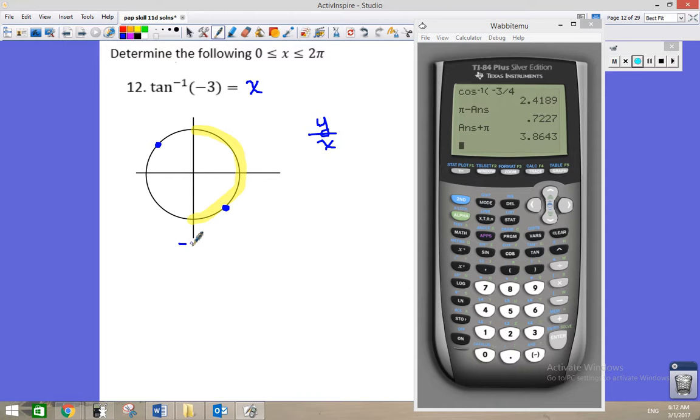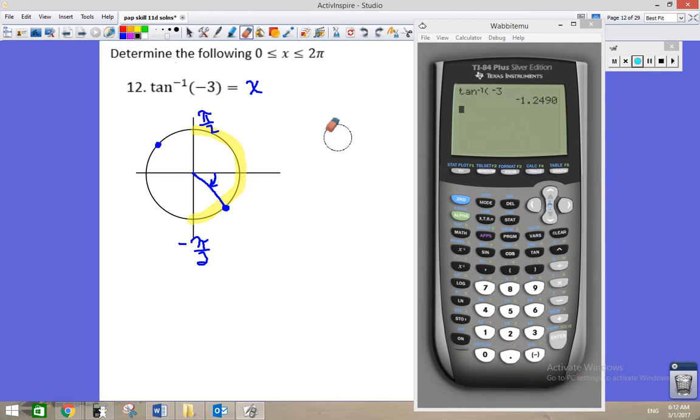And the calculator is going to return angle measures that are between -pi/2 and +pi/2. So when I use this for the first time here, this inverse tangent of -3, this -1.249 is an angle measure, and it's in reference to this point, and it's going clockwise because it's negative.